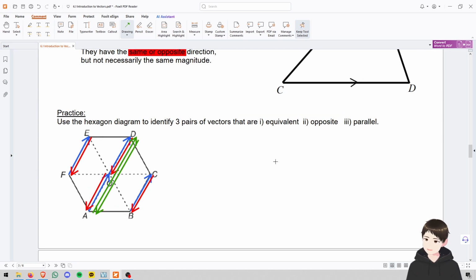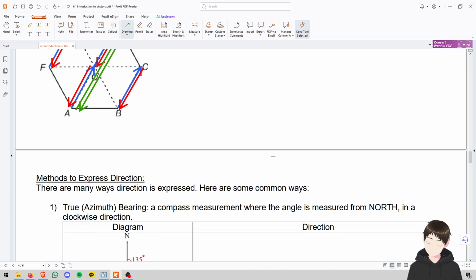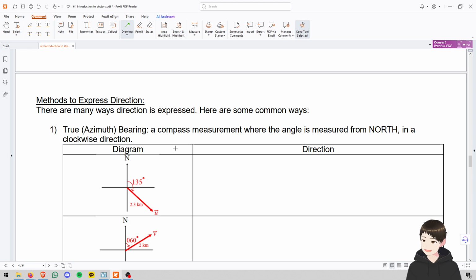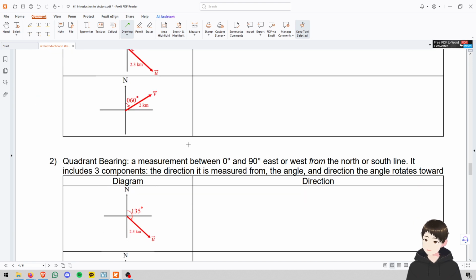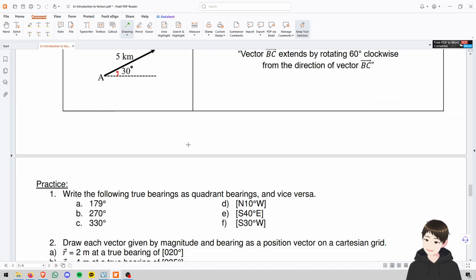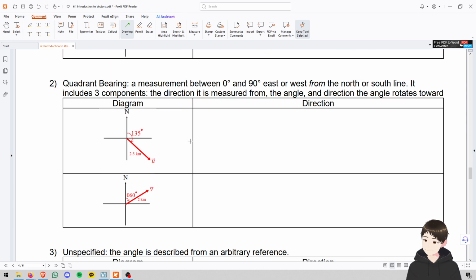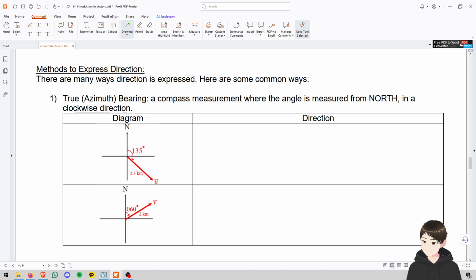There are so many homework questions that you can do, but just in case, because the textbook does start using different direction systems, I wanted to go through them and give you some examples of how it's presented. There are three that I'm going to discuss. One is true bearing or azimuth bearing, and it is when you use a full 360 starting from the north direction.